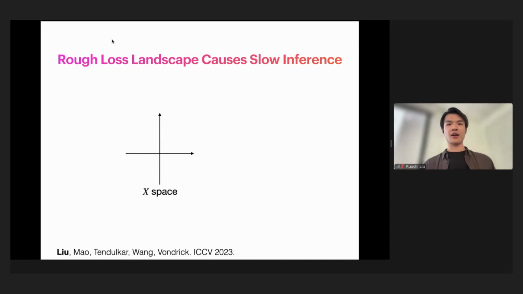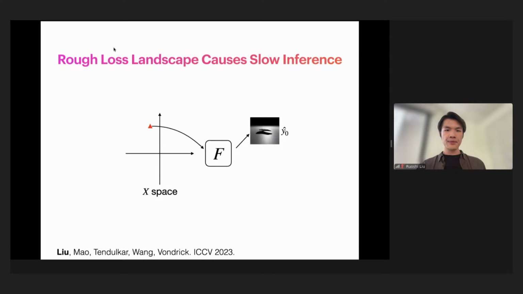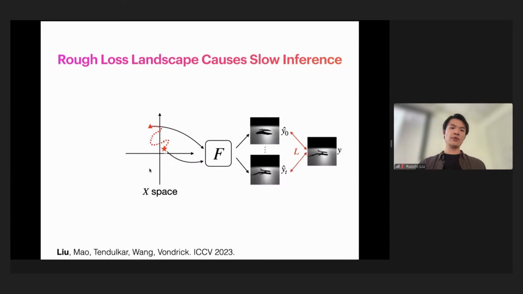So the problem here is that we have a forward model, which is the generative model of shapes. In the previous example, it generates some shapes and has some shadows compared with the ground truth. You run your optimization in the input space of the generative model to get your final 3D scene that recreates the shadows.